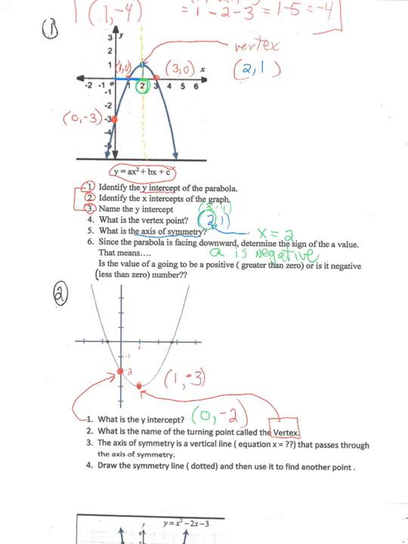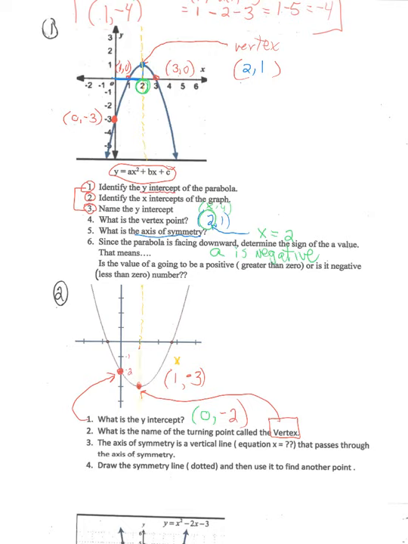The next question says, where's the axis of symmetry? Well, remember from the previous question that the x-coordinate of the vertex is also the name of the axis of symmetry. So here it is in yellow again, like the last picture.